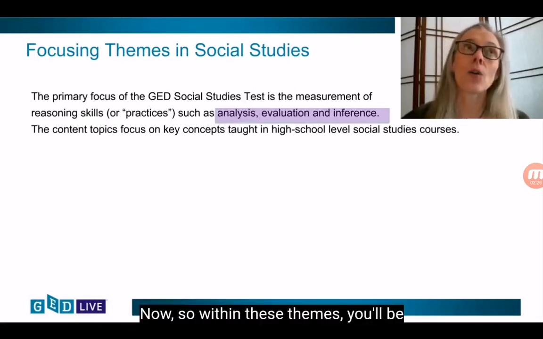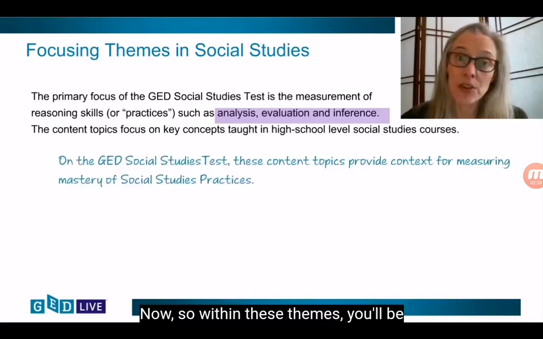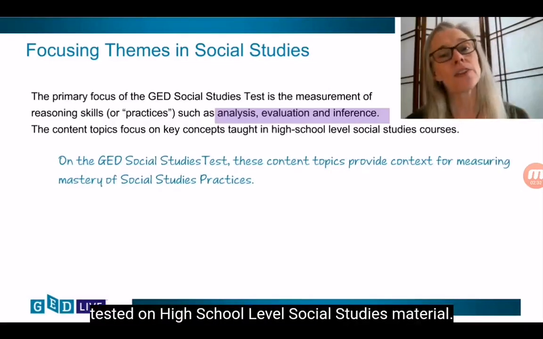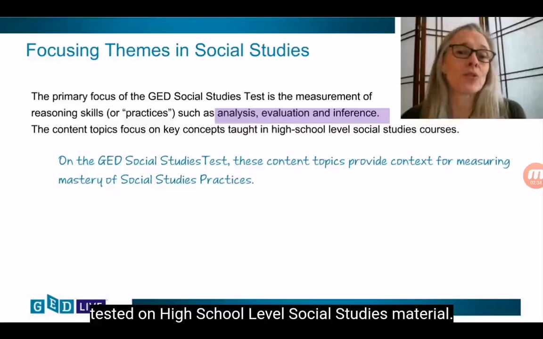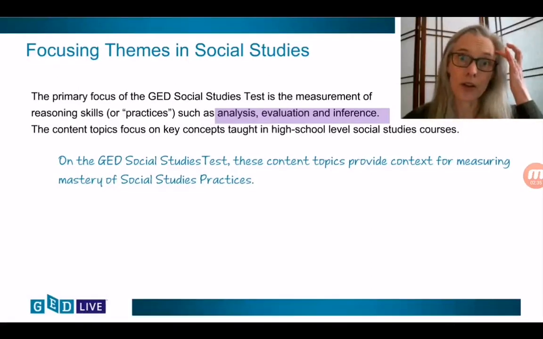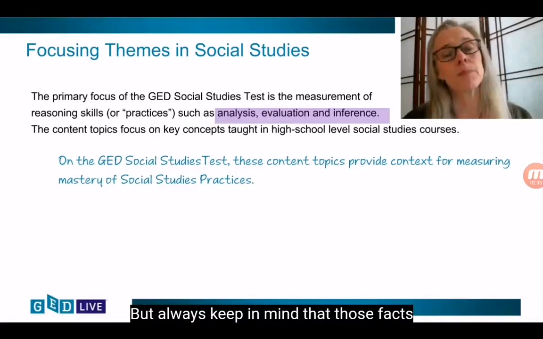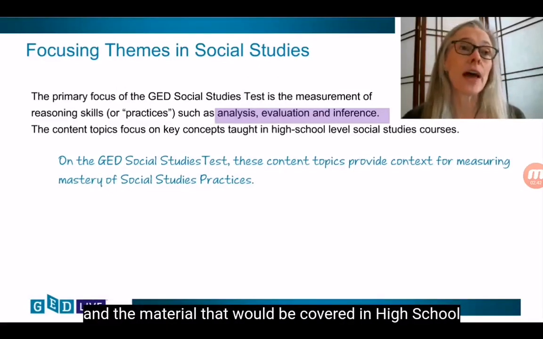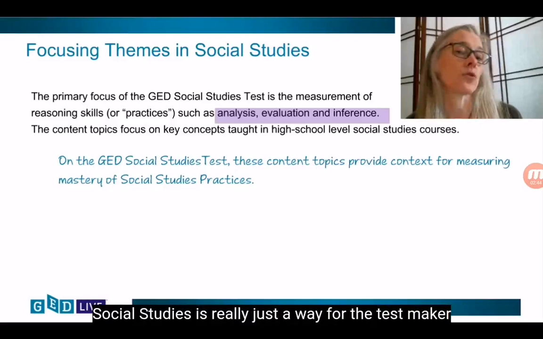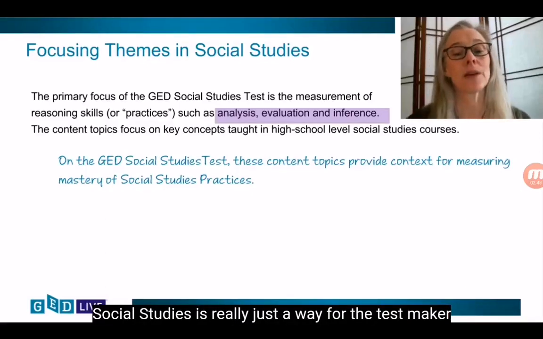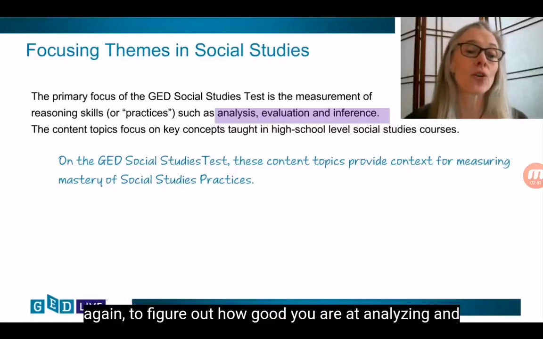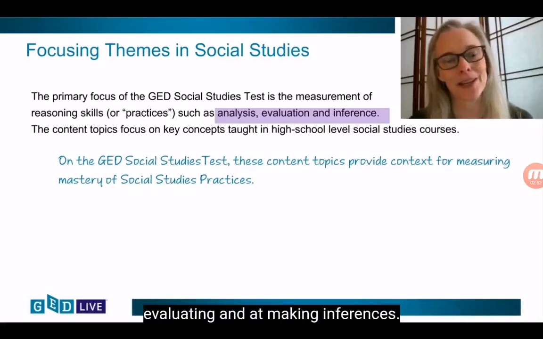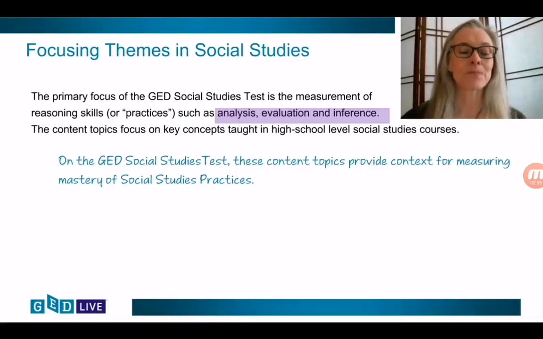Okay, now, so within these themes, right, you'll be tested on high school level social studies material. But always keep in mind that those facts and the material that would be covered in high school social studies is really just a way for the test maker, again, to figure out how good you are at analyzing, at evaluating, and at making inferences.